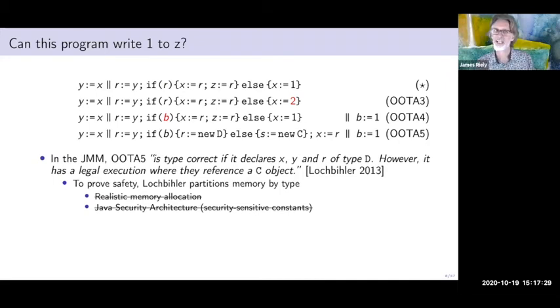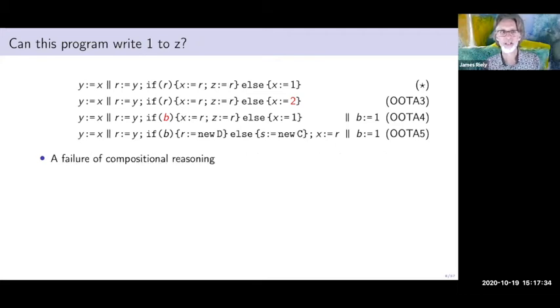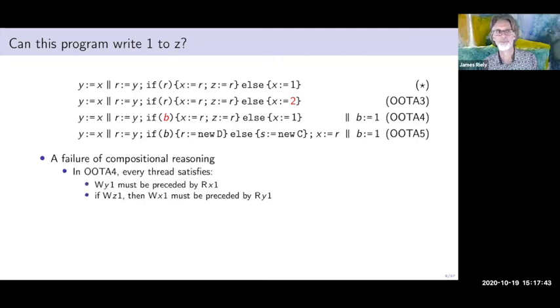All right, so allowing things like UDA4 and UDA5 really is a problem. And the way we see this is that what's really failing here is compositional reasoning, right? So if I look at UDA4, you can see that each individual thread of it satisfies this invariant, which is that any write of y is 1 must be preceded by a read of x is 1. And if I wrote z is 1, then any write of x is 1 must be preceded by a read of y is 1, okay?